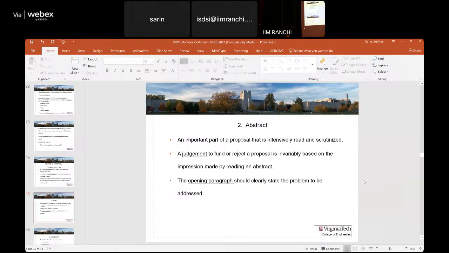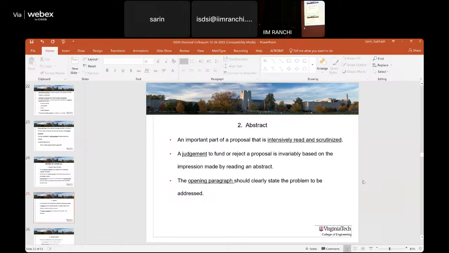That's one thing that everybody reads. And so a judgment to fund a proposal can be easily affected right away if the reviewer is not impressed by what you said in the abstract.